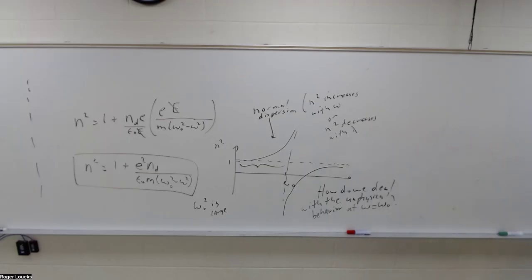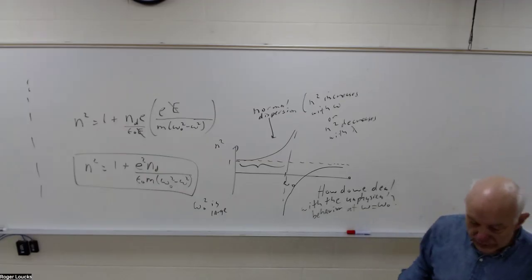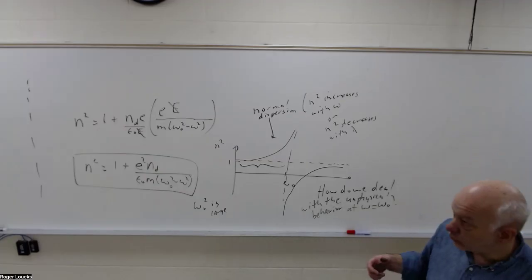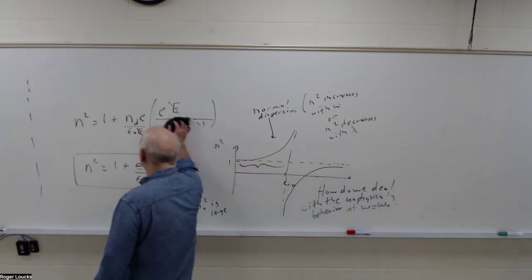I mentioned this a little bit last Wednesday. What do we do? Is it friction? You have to put in a friction term. So let's just go through and deal with it, starting from the normal spring.